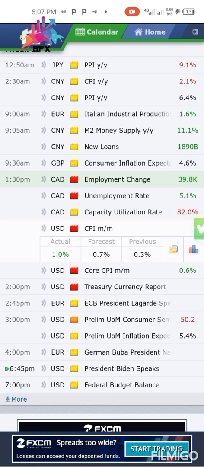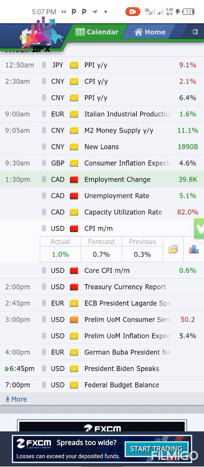That is, analysts forecasted that the data would rise, and what that means is employment has increased in Canada. And once employment increased in Canada, there will be more inflow of currency. Things will go well. The economy is getting better, and once the economy is getting better, the currency itself receives strength.